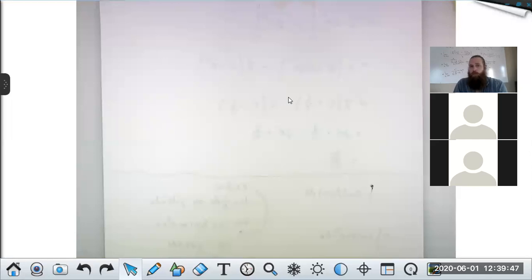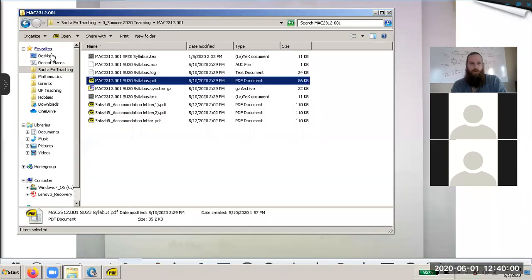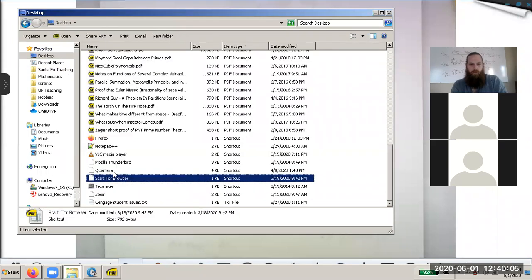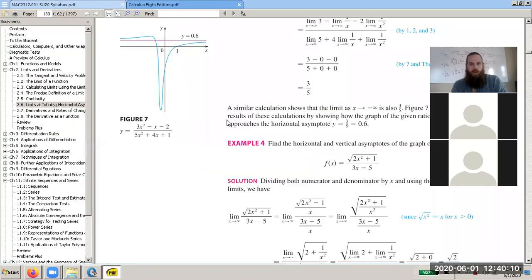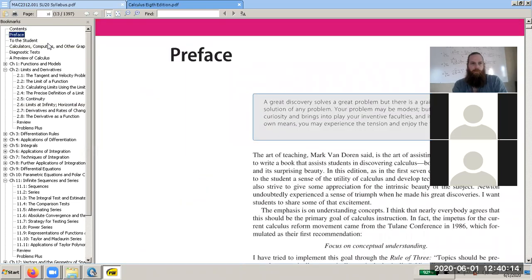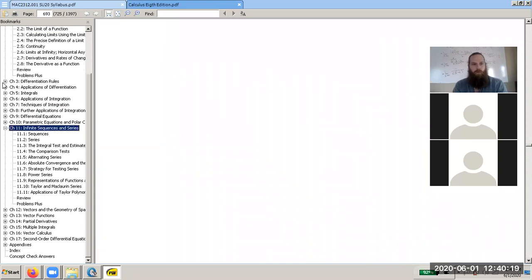Another really good source of practice problems is the textbook, right? Now, I don't want you to spend $300 on this unless you know you want it and want to have it for the rest of your life, which is why I'm happy to share with you. This is a PDF of Stewart's Calculus 8th edition, Early Transcendentals.